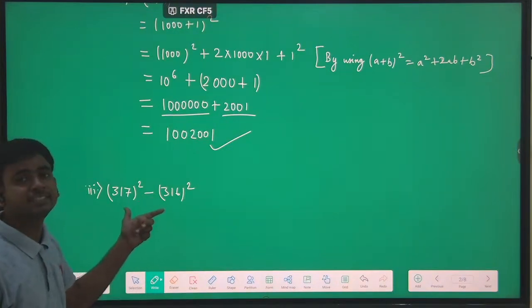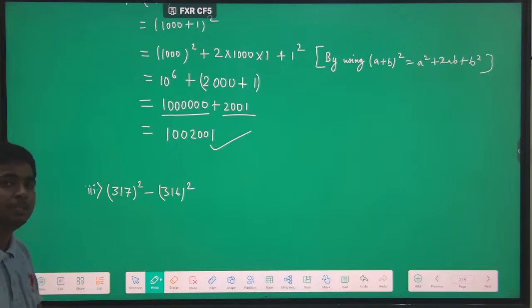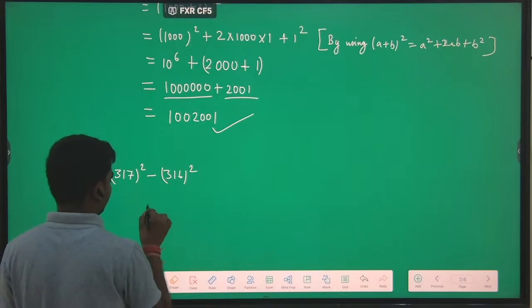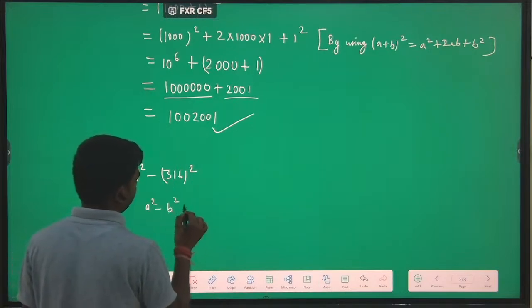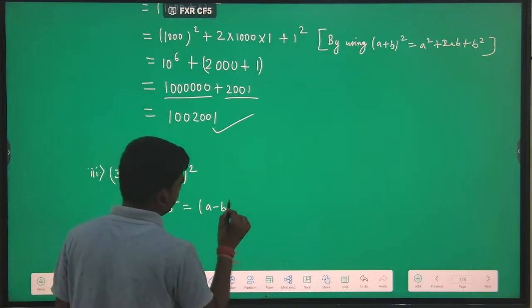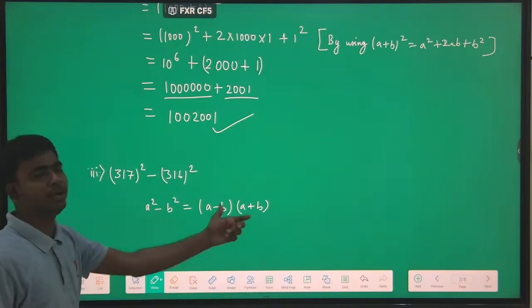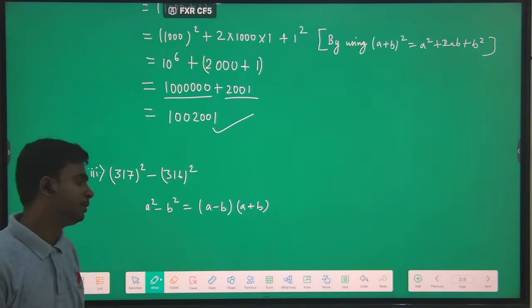You know that this is in the form of a square minus b square. We know that the a square minus b square formula is a minus b multiplied with a plus b.